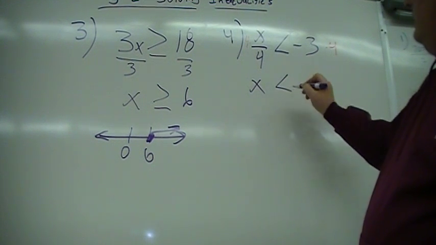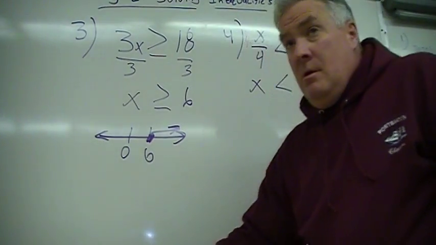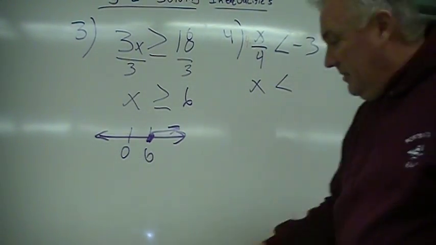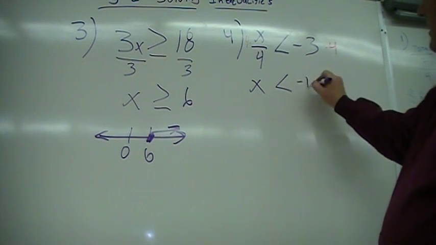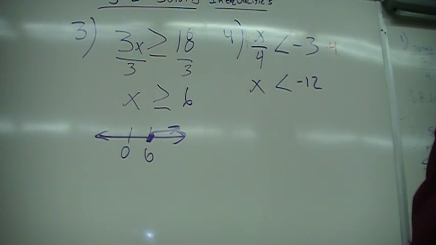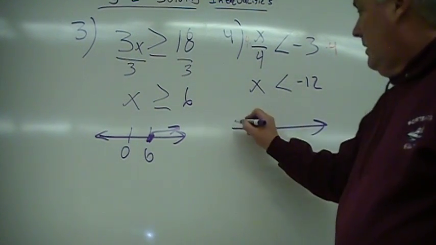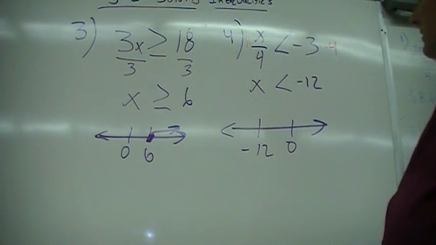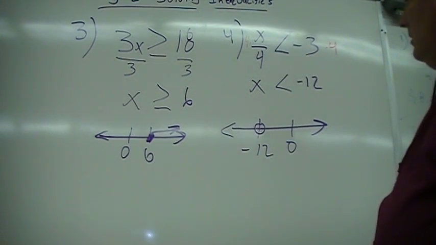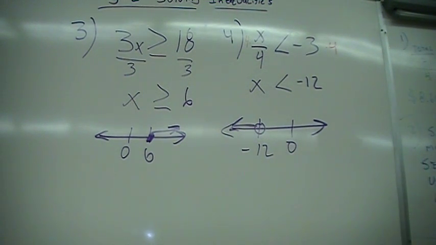X is less than negative, almost made one of the mistakes you guys make a lot. Negative 3 times 4, negative 12. Quick graph. 0, negative 12. Open circle, and that way.